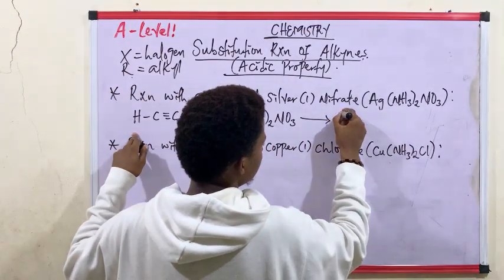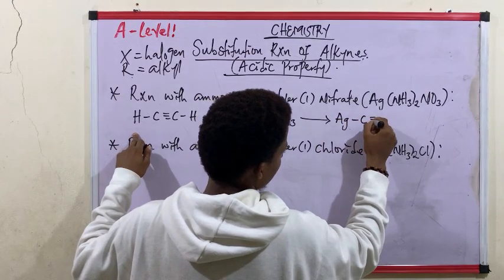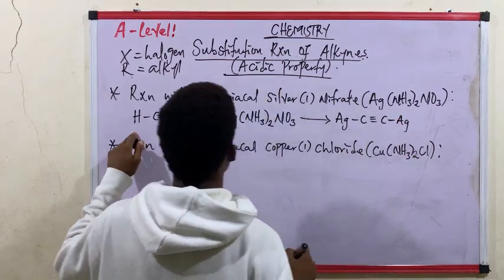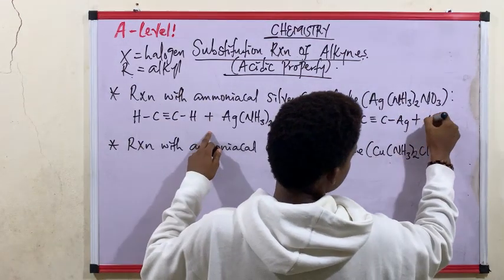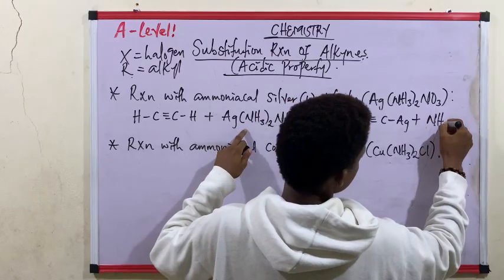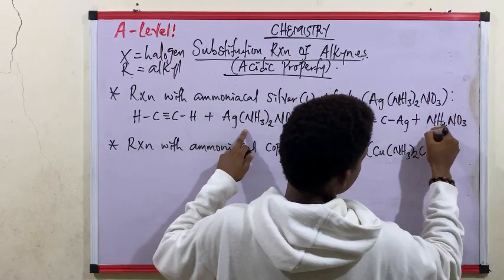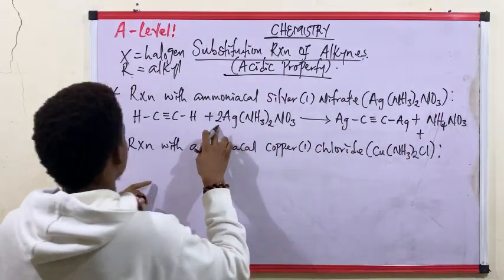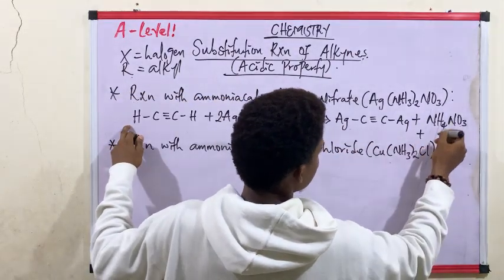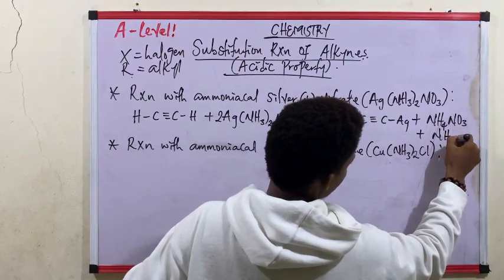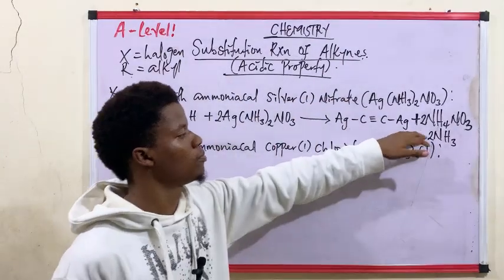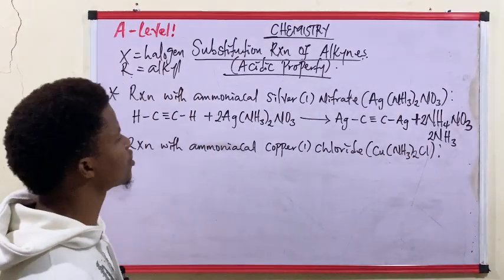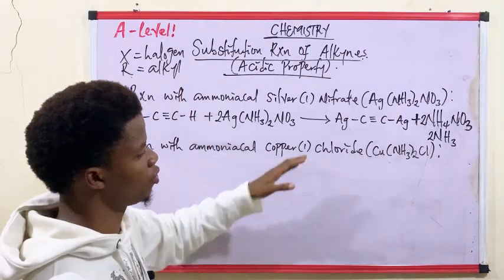So we are going to have the product. Remember, we use 2 silver, so we are going to put 2 here. This is the balanced chemical equation for this reaction, for the first one. So this is everything.